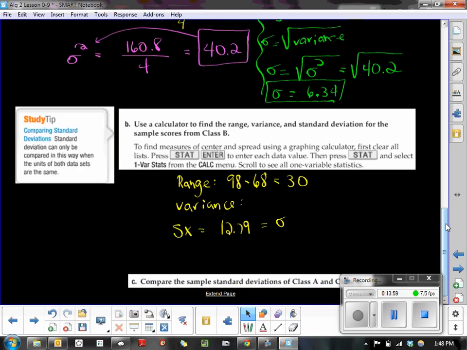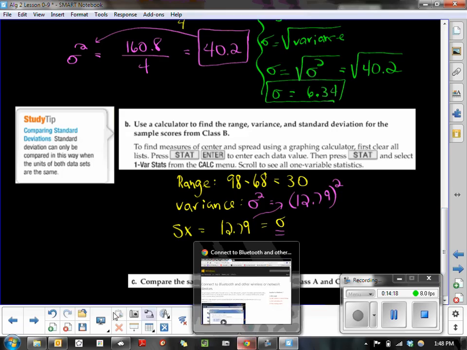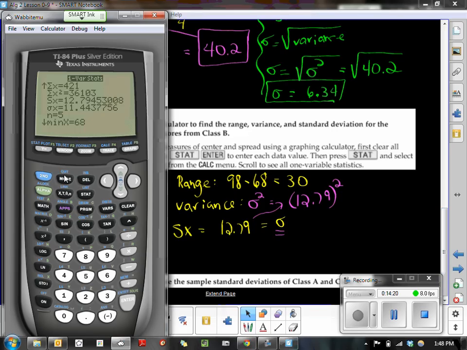Let's get to variance. In order to get back to variance, we're going to have to take our standard deviation and square it, since variance is sigma squared. We'll take our 12.79 and square that, and that will be our variance.